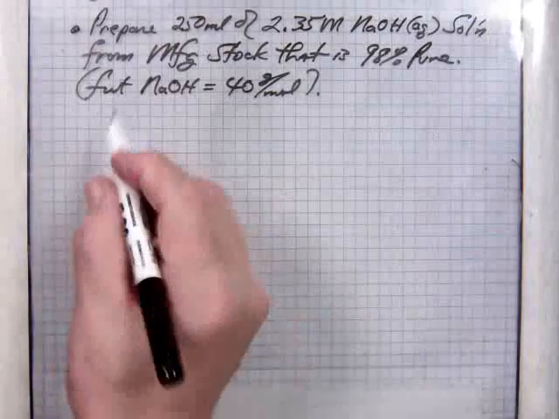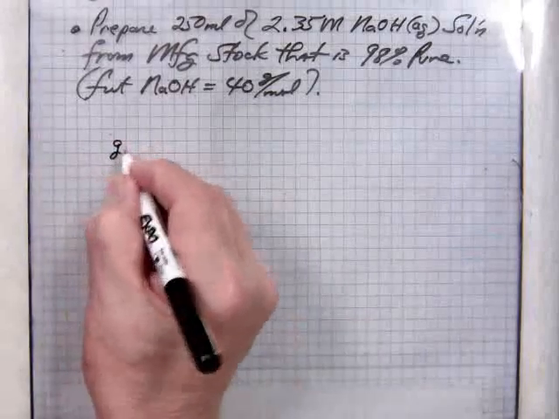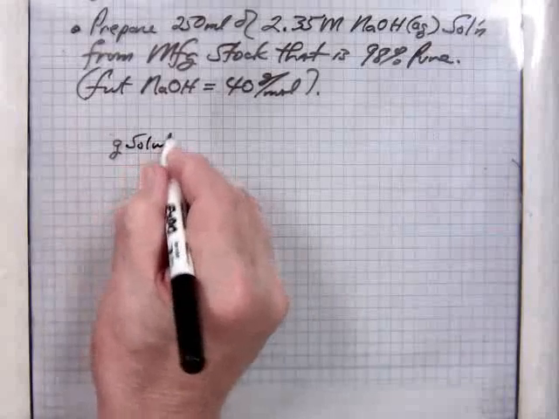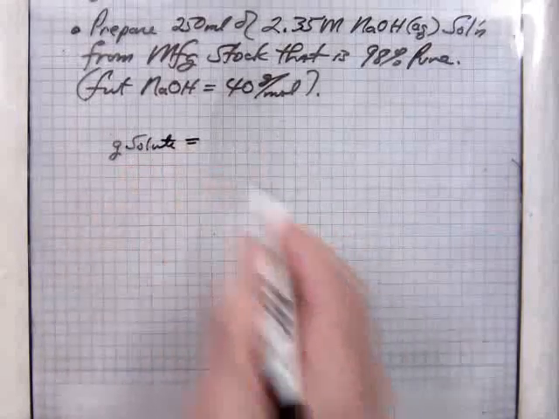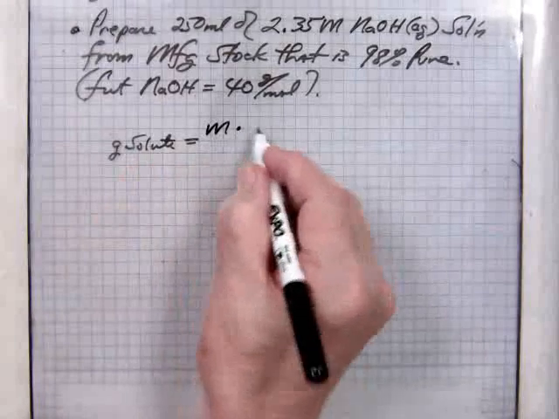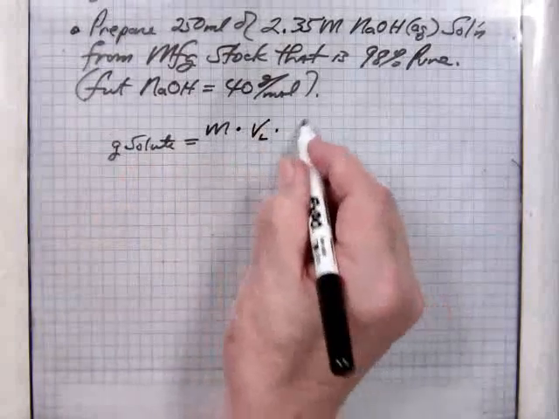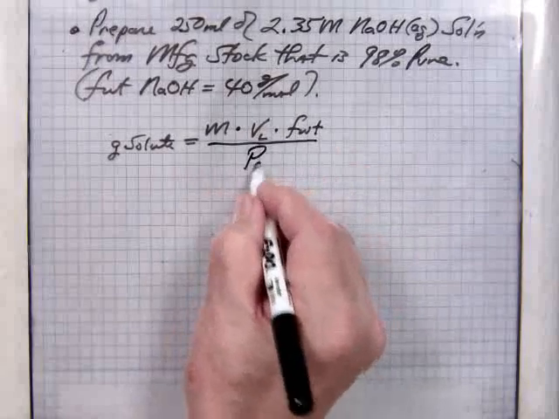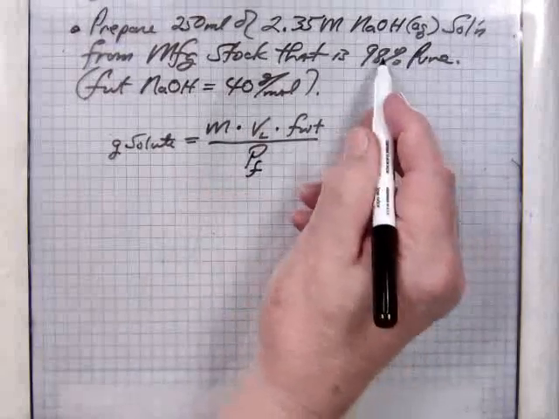So we use the expression grams solute is molarity times volume in liters times formula weight of the solute divided by the purity factor expressed as a decimal fraction.